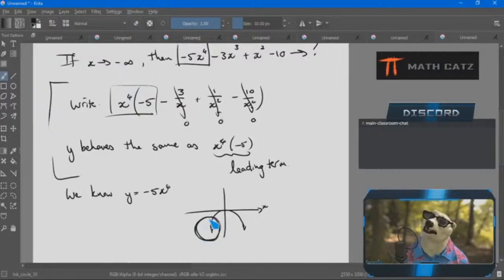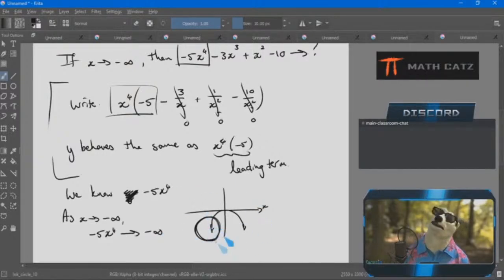So I'm looking over here, far left, as x approaches -infinity. -5x to the 4 approaches -infinity. Because it's a transformation of my basic graph, I can easily read it off. And my original polynomial behaves the same as this basic function.